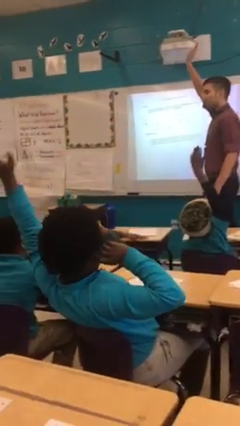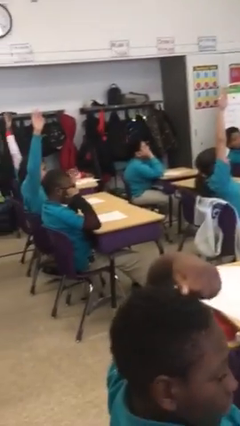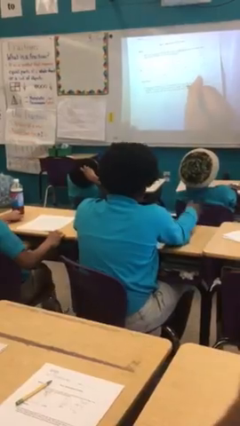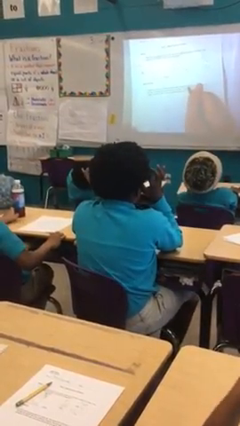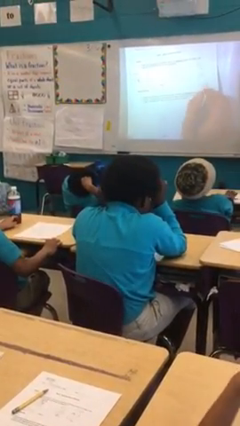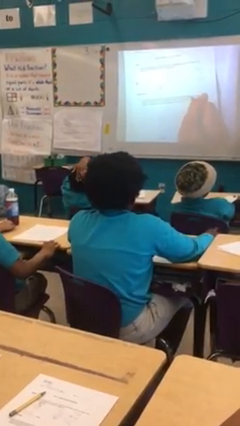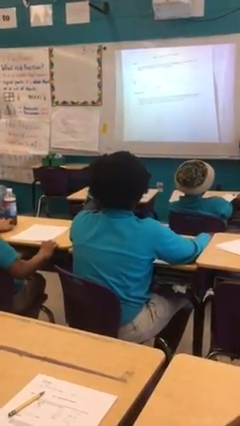Important words or numbers. Angelina, give me an important word or number. 195 chocolate chip cookies. And whose are those? Those are Vanessa's cookies.